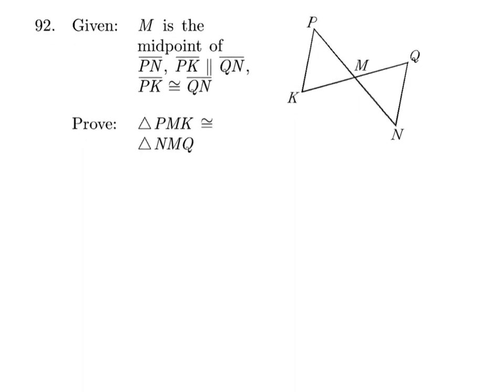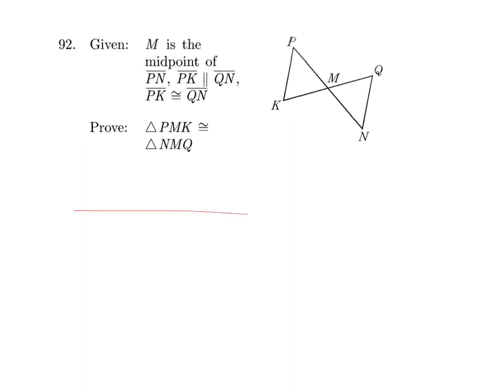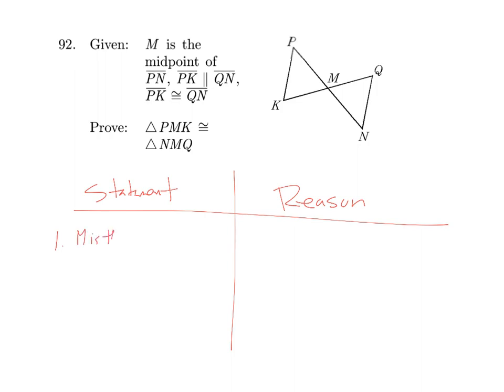Okay, now for the proofs. Alright, so here's my statement. Here's my reason. Alright, so 1, M is the midpoint of PN. That's given. Make sure to label the diagram based off of that information.